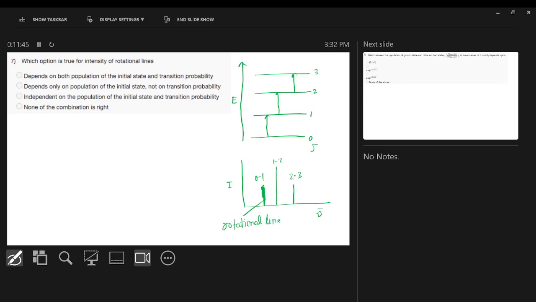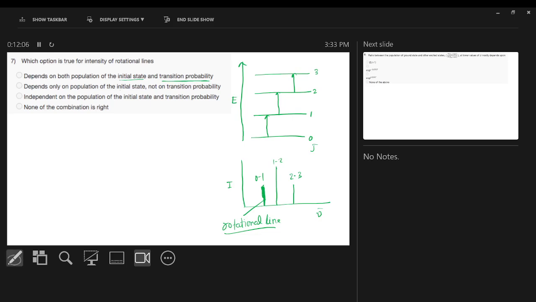The question is asking on what factor this intensity depends. The first option is that it depends on the population of the initial state and the transition probability.